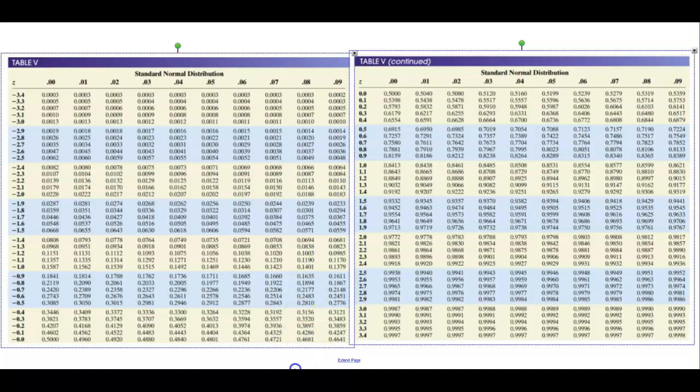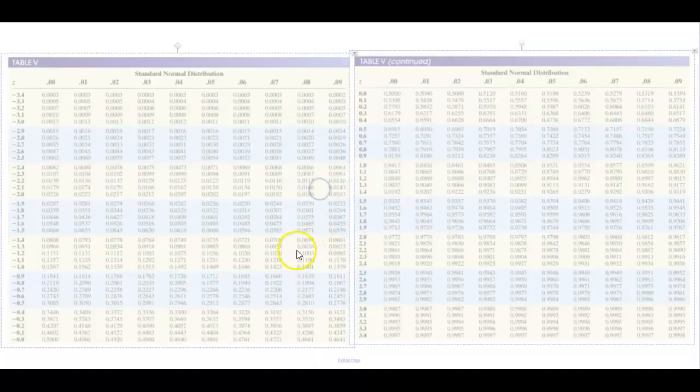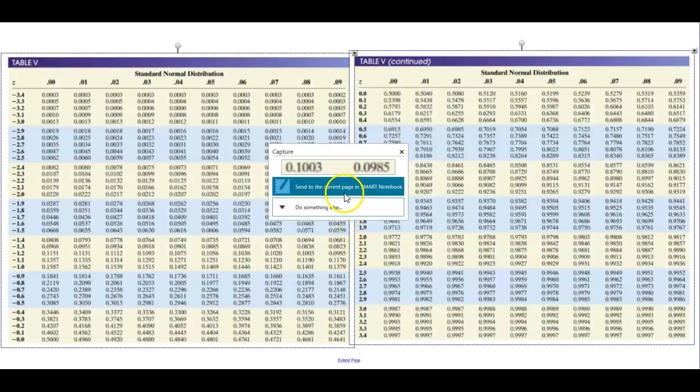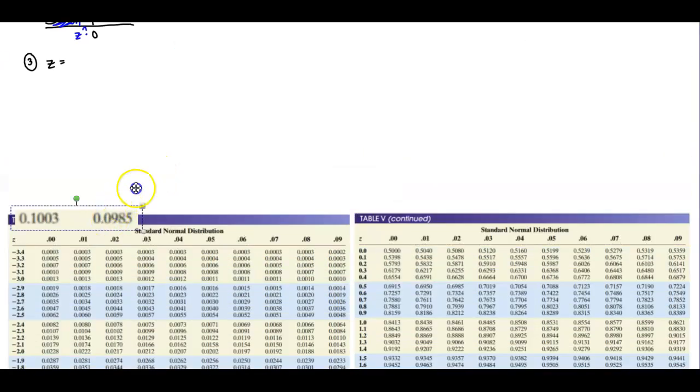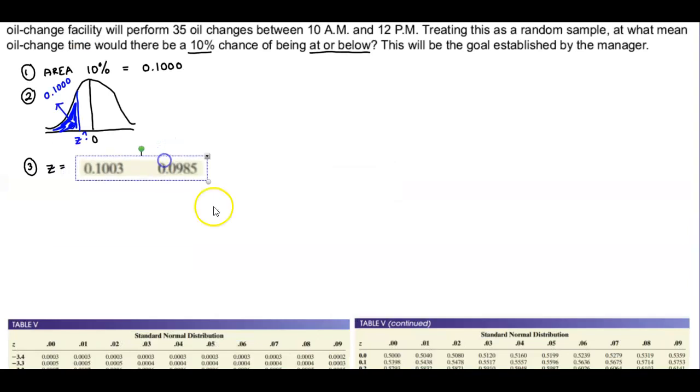If we take a look at these two values here, which one is 0.1000 closest to?